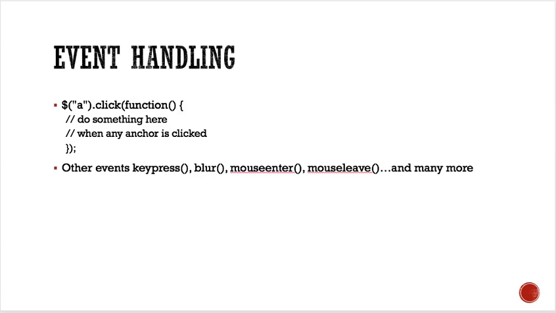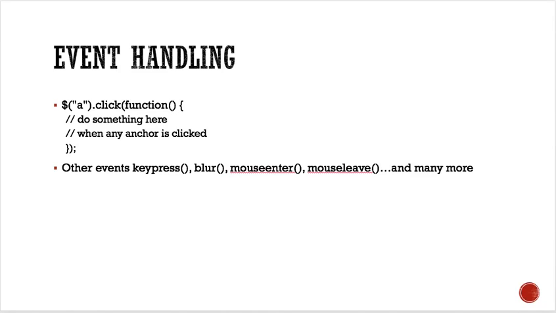The event handling, you can just have it within jQuery, and jQuery is just monitoring the entire HTML, making sure that when you perform some sort of event associated with the HTML element, the function is triggered. The jQuery and the JavaScript code that you write is triggered.